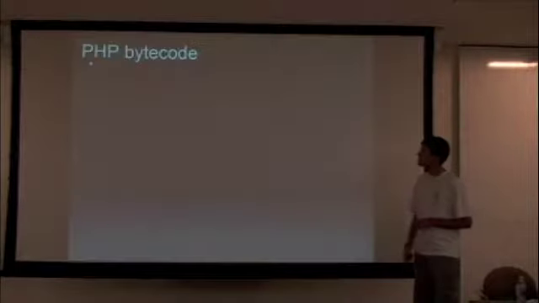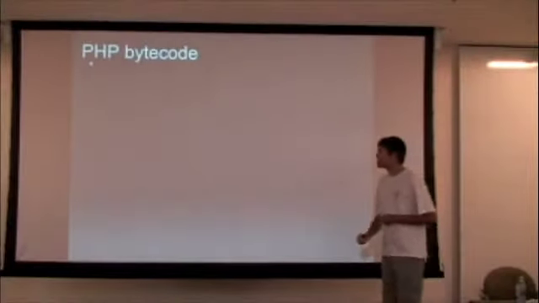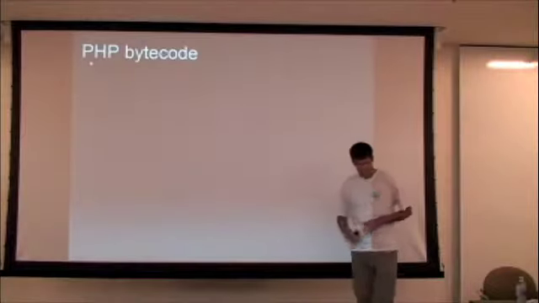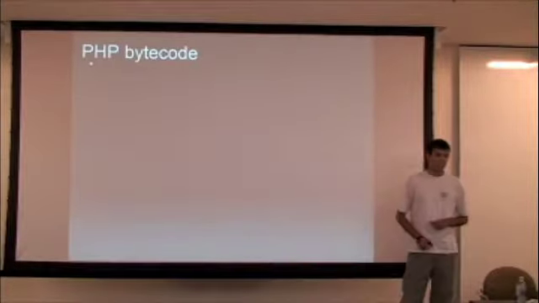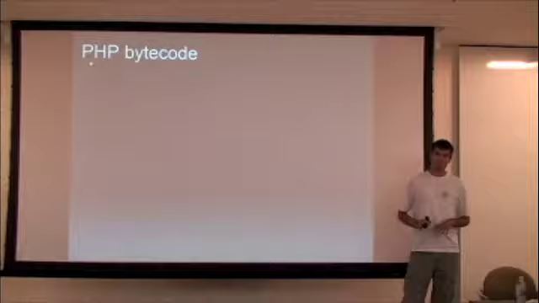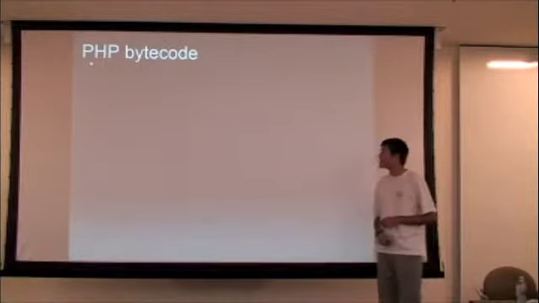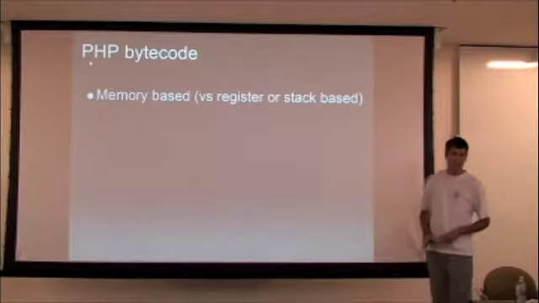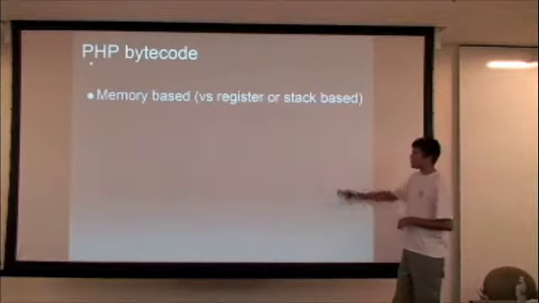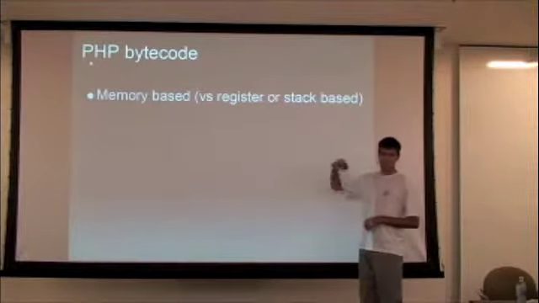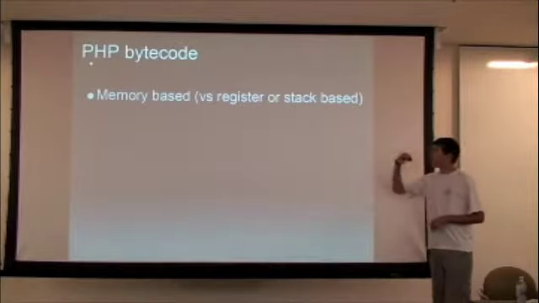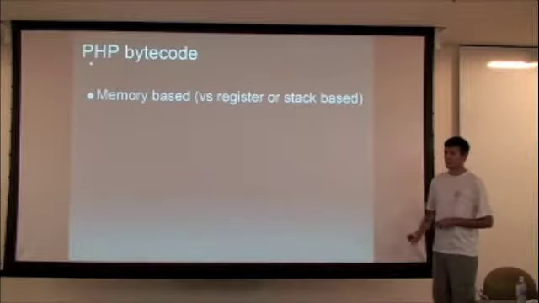Okay, so now let's see how PHP bytecode is engineered. It is really different from what you see in other mainstream VMs. It is memory-based, as opposed to register-based like LLVM or Parrot, or stack-based like the JVM or .NET.